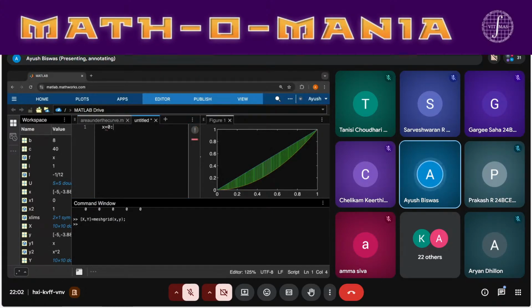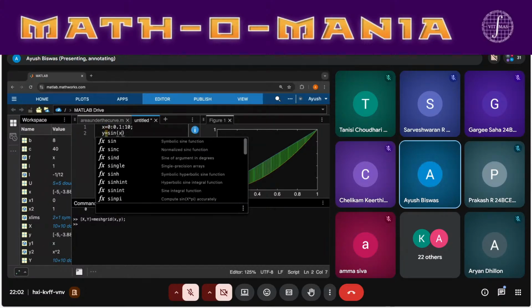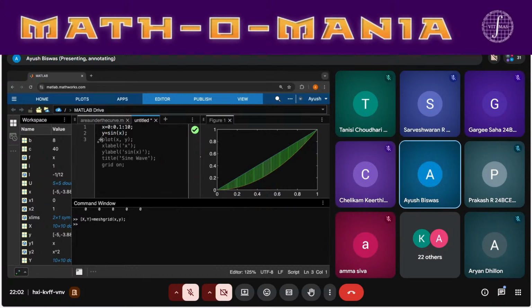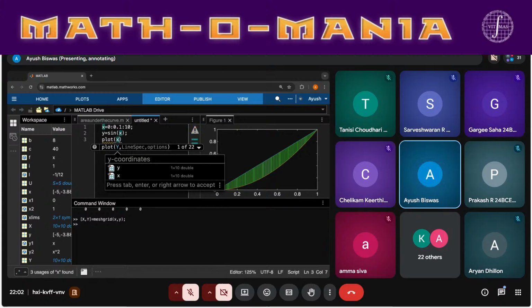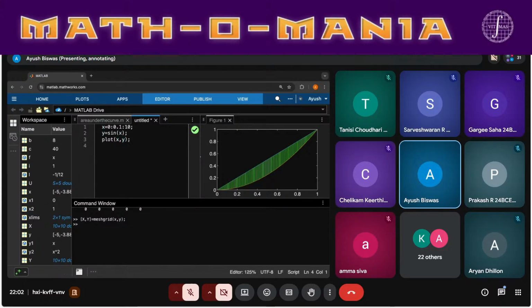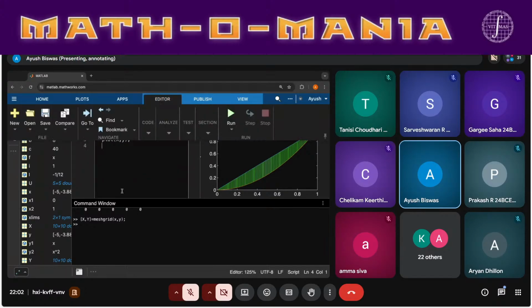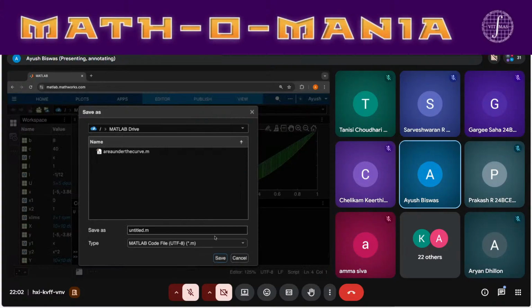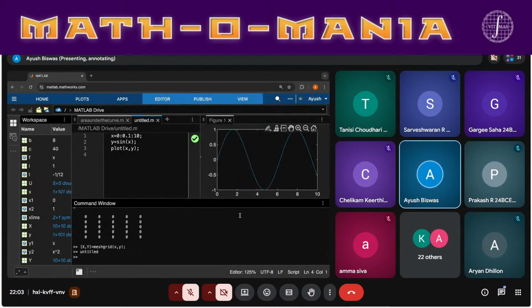So X goes from 0 to 10 with an increment of 0.1 each, and Y is equal to sine of X. Because Y is the dependent variable, we can just plot X and Y. Okay, so this basically gives us a curve.